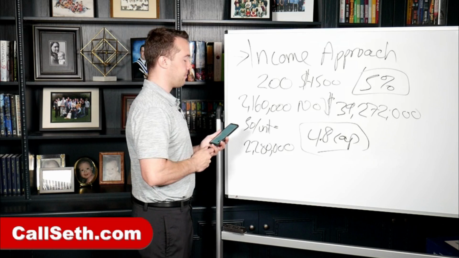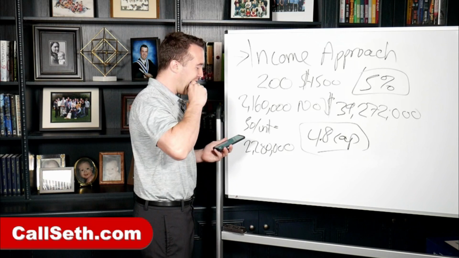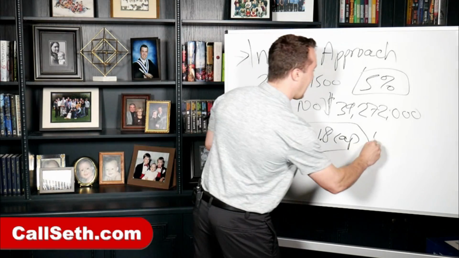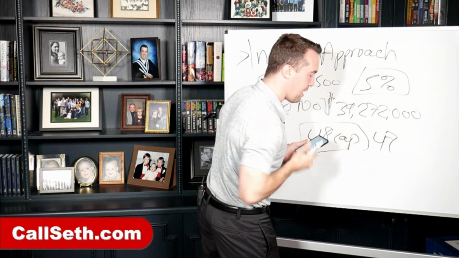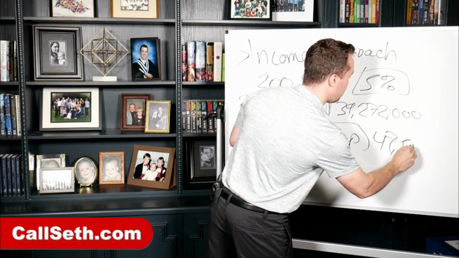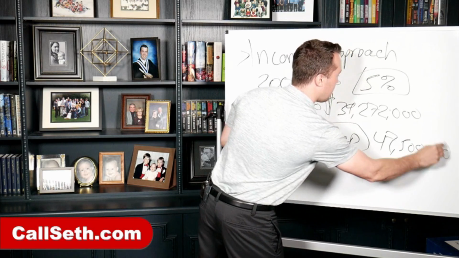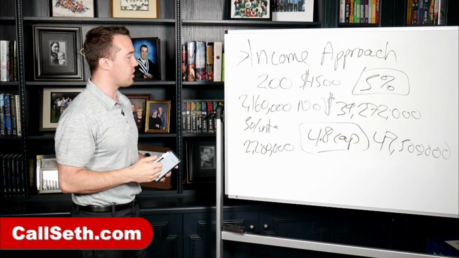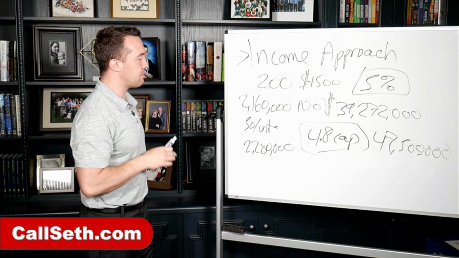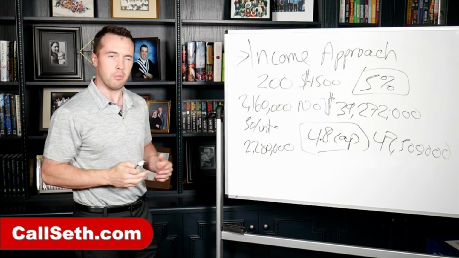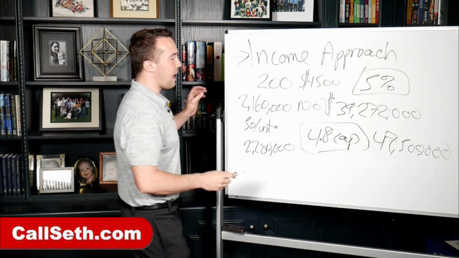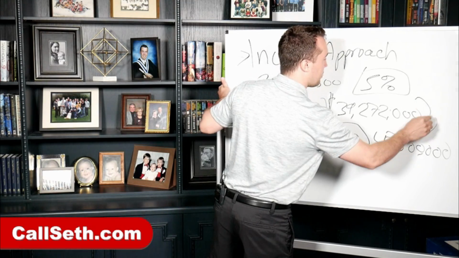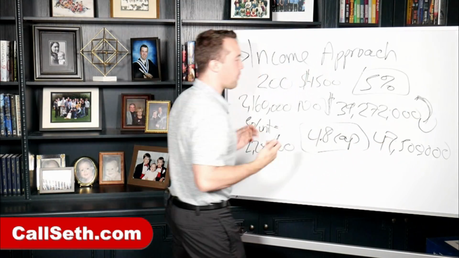So now we have a $47.5 million valuation just from doing the right renovations on the property and by increasing the rent by $50 a unit per month. This is the big impact, and this is what's rewarding the creativity in the deal and property management.